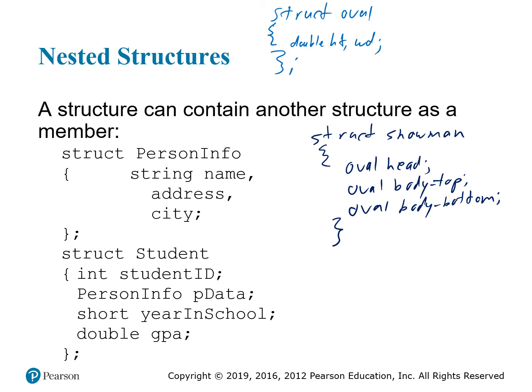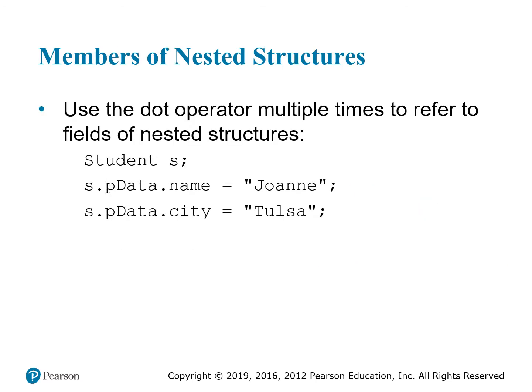And if you want to set the height, let's say my snowman is called Snowbob, then I could say snowbob dot head dot width equals 4.4. So you use the dot operator multiple times in series to refer to a nested data structure.